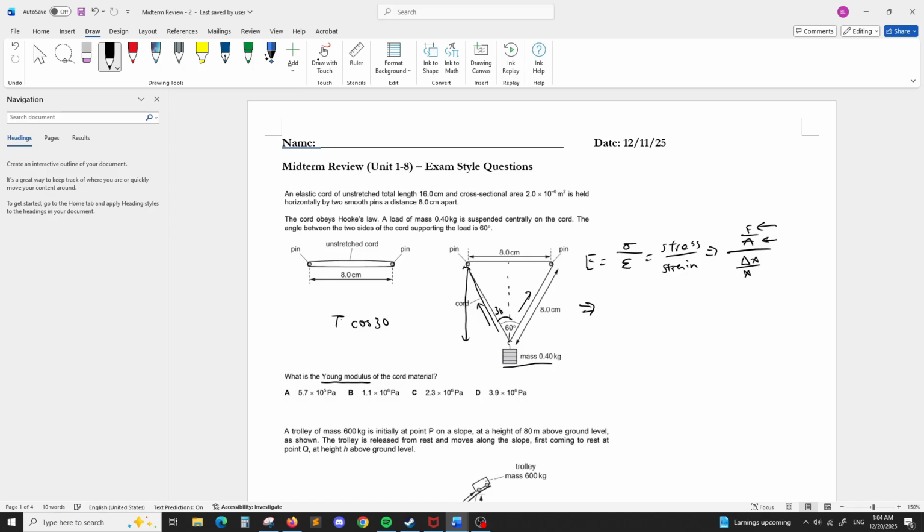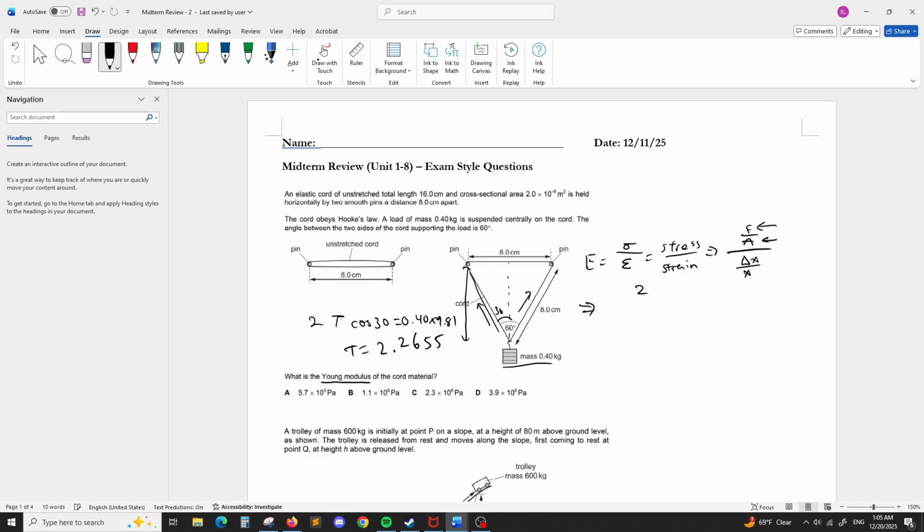Cosine of 30, and then there's two of those because there's two sides, is equal to 0.40 multiplied by 9.81. If you divide this, you get T is equal to 2.2655. Let's do that first. So that is basically the force acting upon the string.